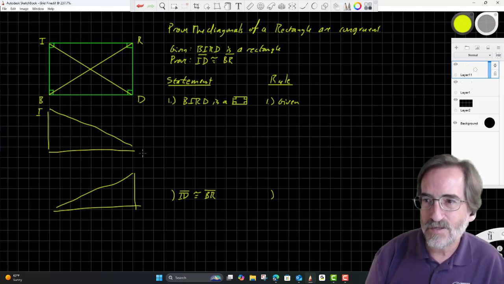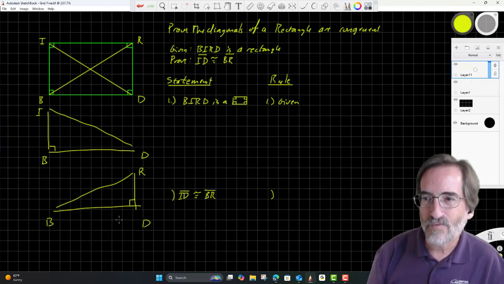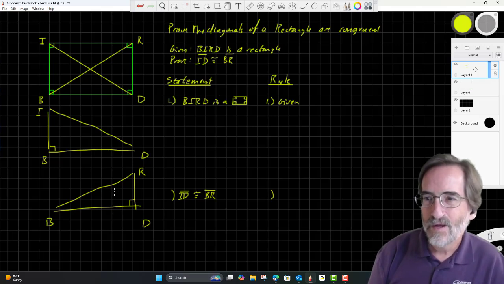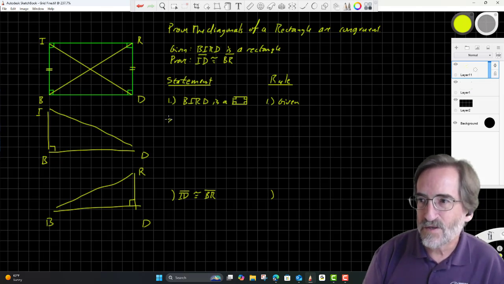I, D, and B. Angle B is a right angle. And we know B, D, and R. And angle D is a right angle. So here's what I know. I know that the opposite sides of a rectangle are congruent because a rectangle is a parallelogram. So I'm going to start by saying 2.